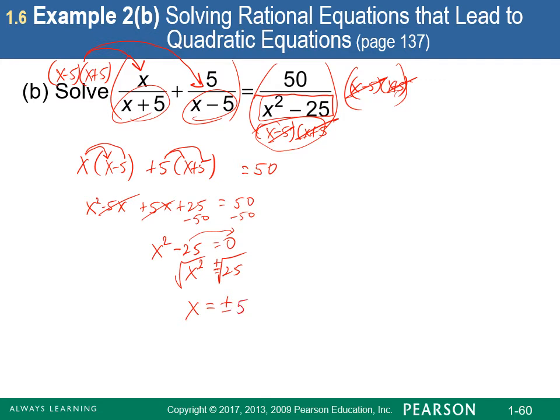So again, these are the only two answers that show up when we do all the stuff that we are supposed to be doing. So let's investigate those. If we take the 5 and recognize that if we put a 5 here in place of that x, we'll have a 0 on bottom. So we cannot have the 5.